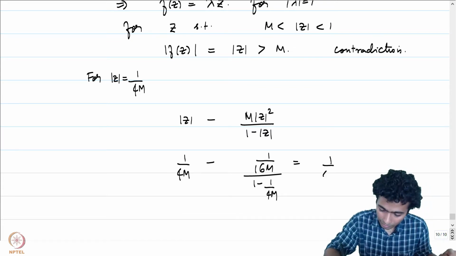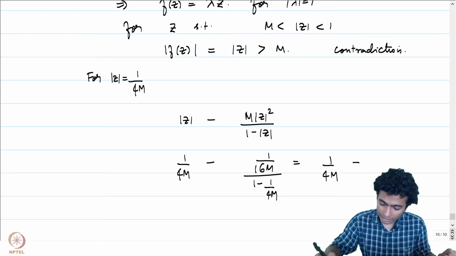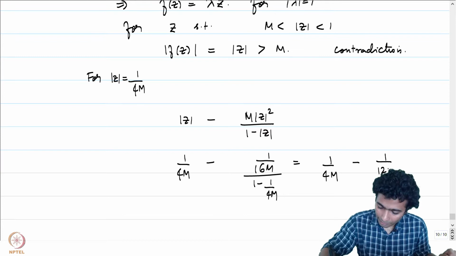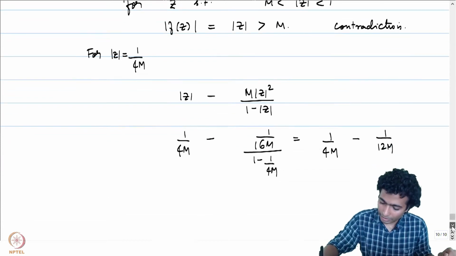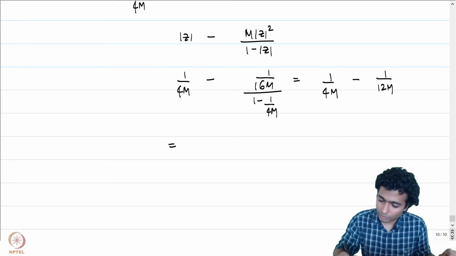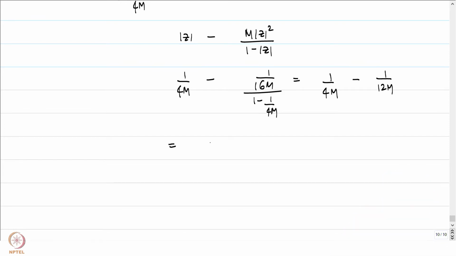This is going to be 1 by 4m minus 1 by 12m, and again by computing this is going to be 3 minus 1, which is 2 by 12m, which is equal to 1 by 6m.